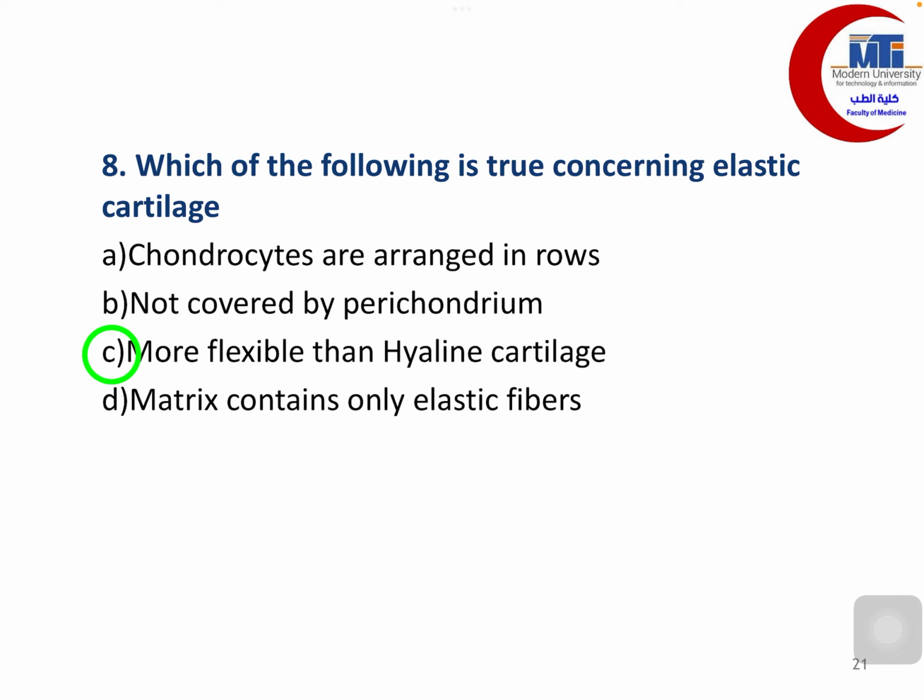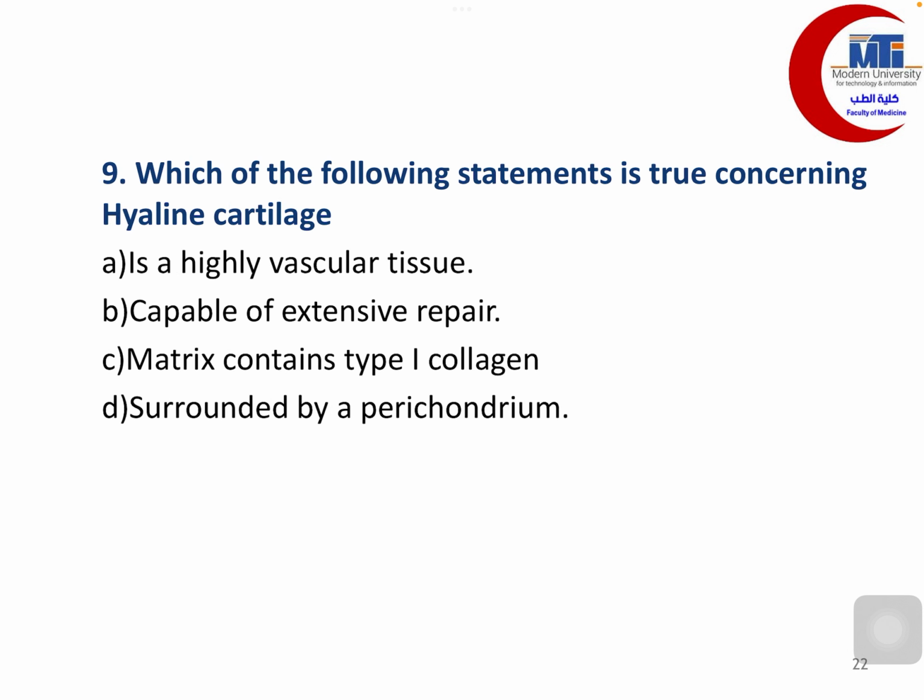Which of the following is true concerning elastic cartilage? It is more flexible. That is the most significant difference between elastic cartilage and the hyaline cartilage. Which of the following is true concerning hyaline cartilage? It is surrounded by a perichondrium.